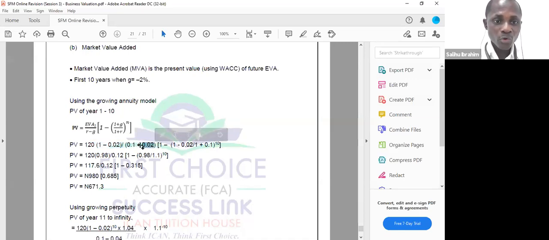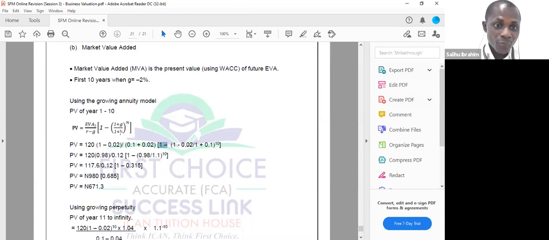So R plus G, 0.1 plus 0.02. All over 1 minus, into bracket 1 minus 0.02, instead of 1 plus G, it becomes 1 minus 0.02, all over 1 plus 0.1.